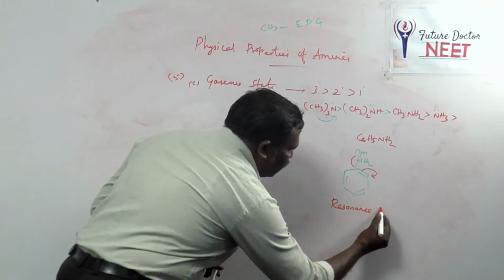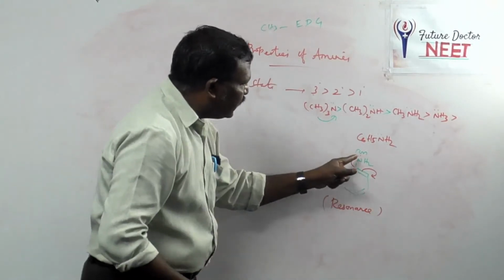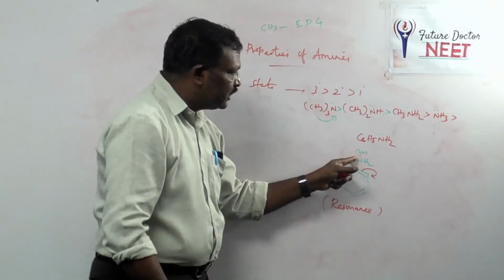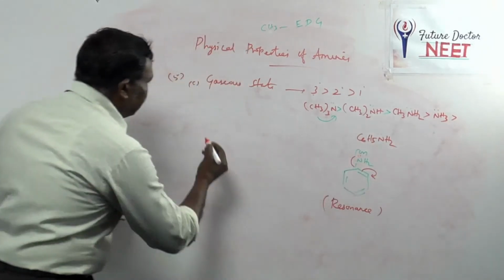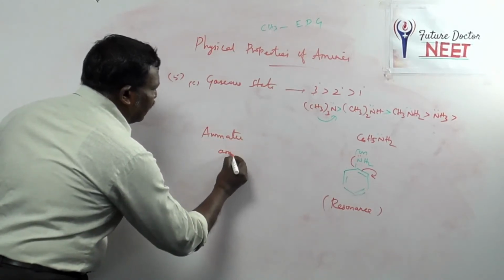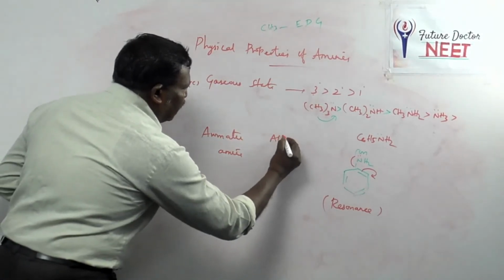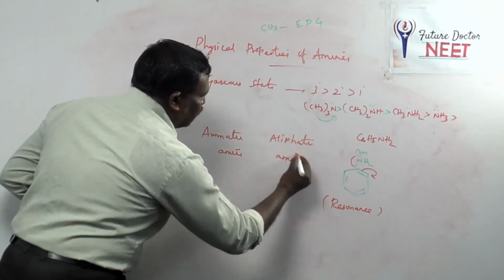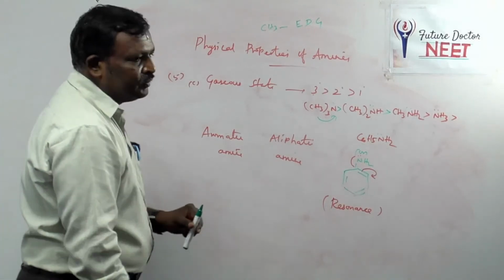Resonance. This lone pair undergoes resonance. Then only it is not able to give to anyone. When compared, aromatic amine and aliphatic amine, who is more basic?